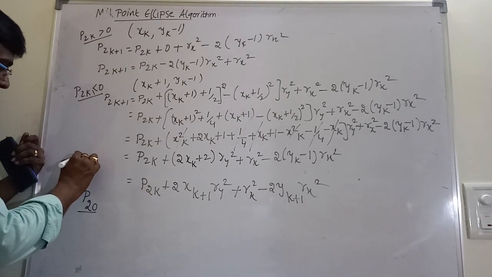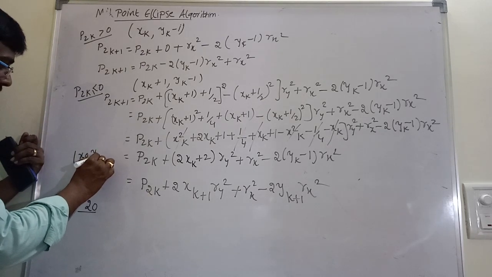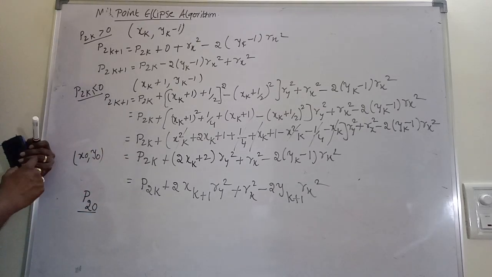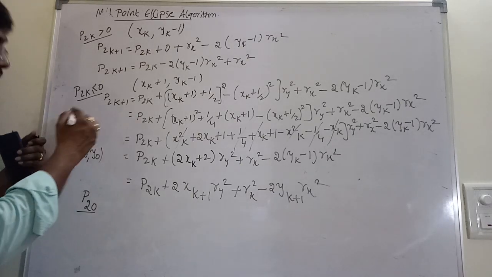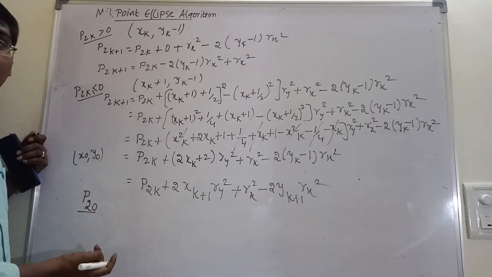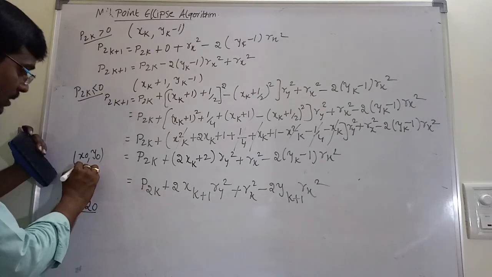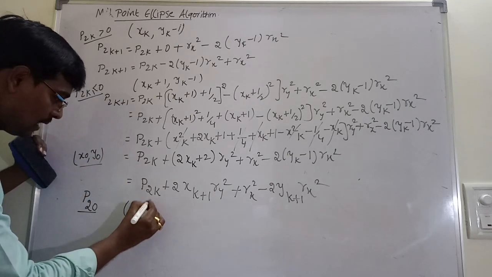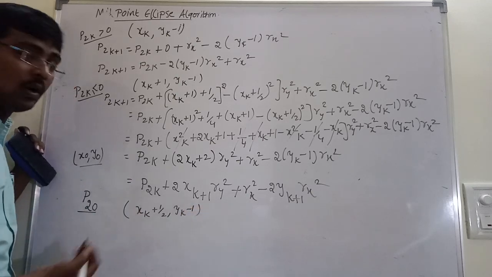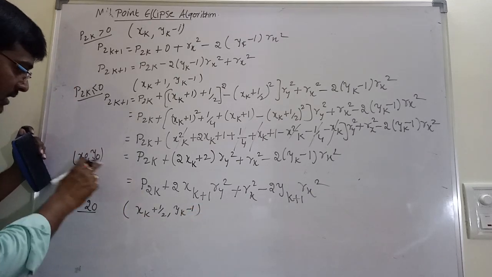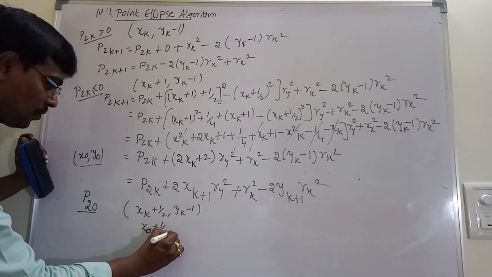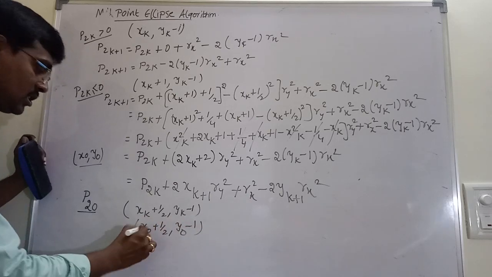For example, region 1 completed at position x0, y0. That is the last point of region 1 is x0, y0, and for region 2, the midpoint is xk plus half comma yk minus 1. So here xk is x naught, yk is y naught. That is x naught plus half comma y naught minus 1.